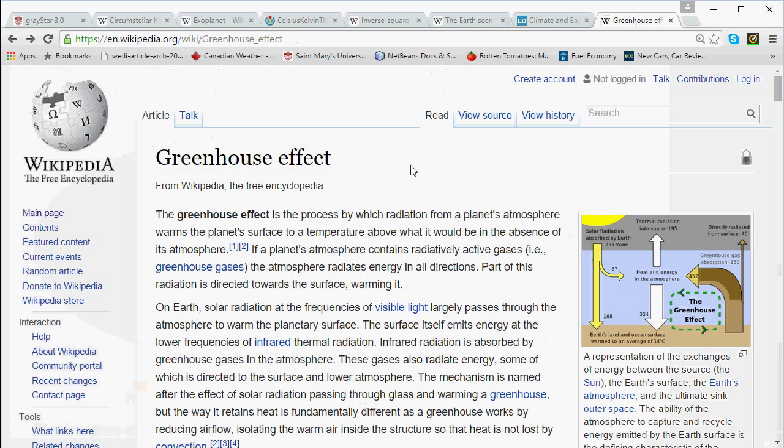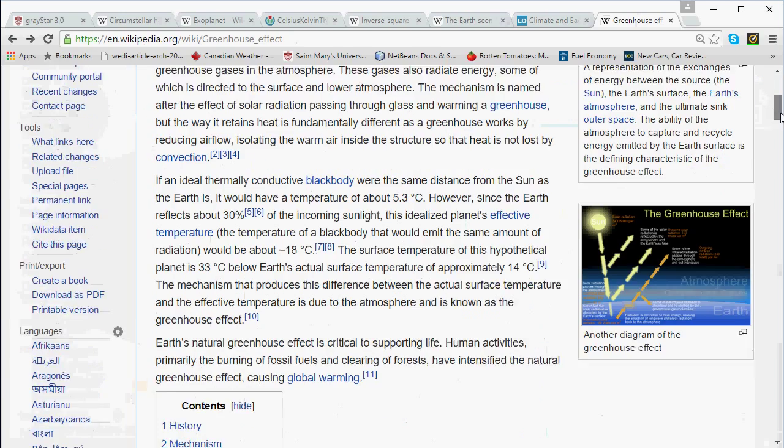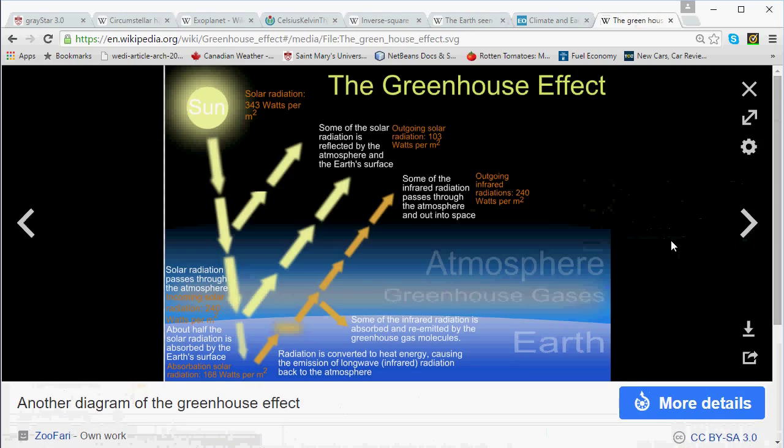So I'm just going to go to a Wikipedia page here on the greenhouse effect and scroll down just so that we have something to look at here. So you can see some flux being intercepted from the sun, the first process we talked about, the heating process, and then there's the Earth re-radiating heat as incandescent infrared radiation to cool itself off, and there's some of that radiation being blocked by the atmosphere, which reduces this cooling rate.